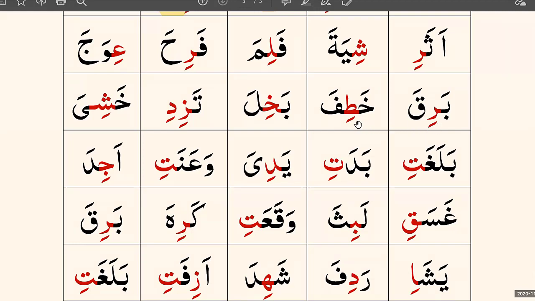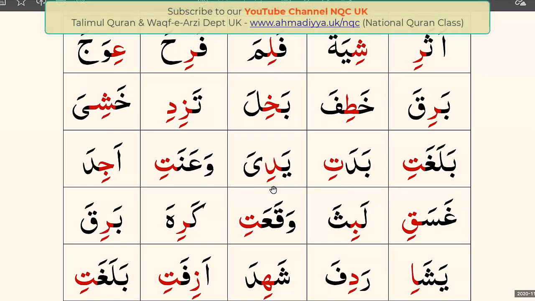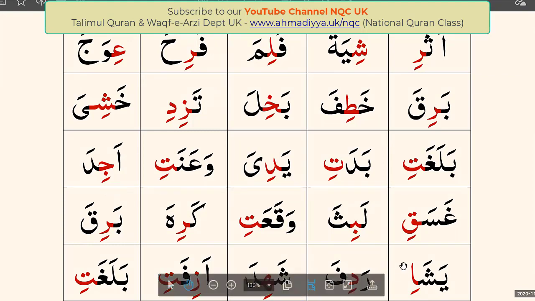Barika. Hatifa. Bakhila. Tazidi. Khashia. Balaghati. Badati. Yadia. Wa anati. Ajida. Ghasaki.